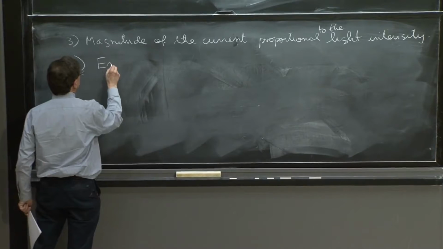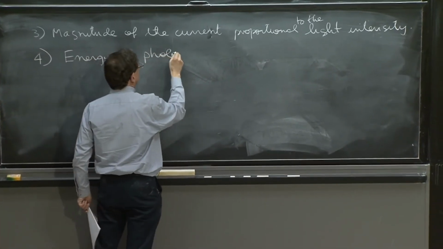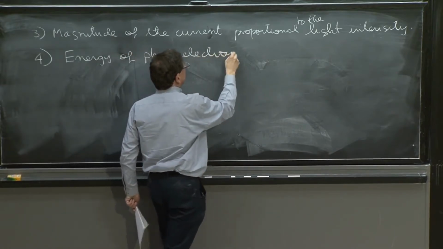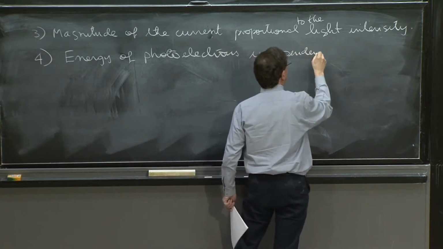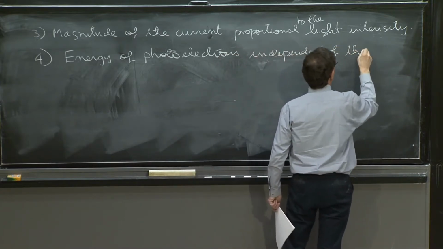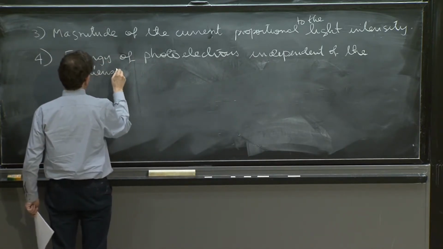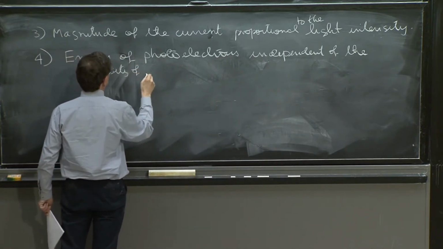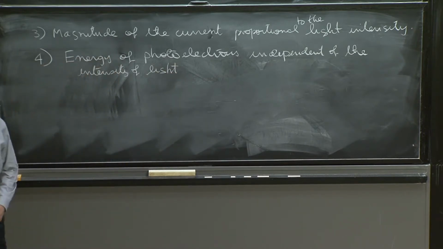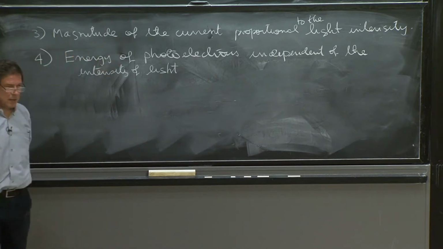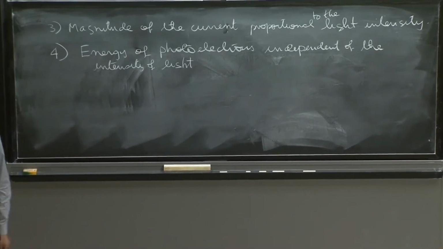So the energy of the photoelectrons is independent of the intensity of light. The number of photoelectrons would depend on the intensity of light, but not the energy of the photoelectrons.